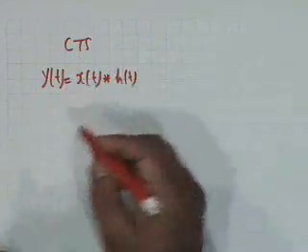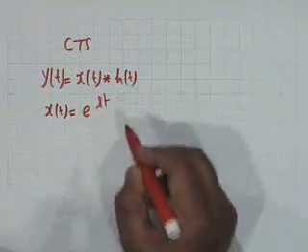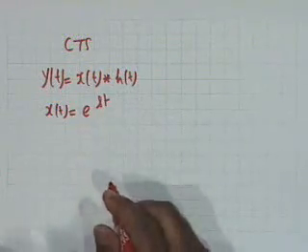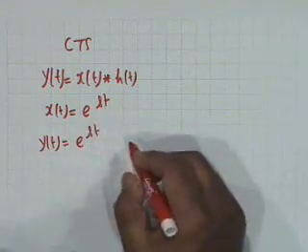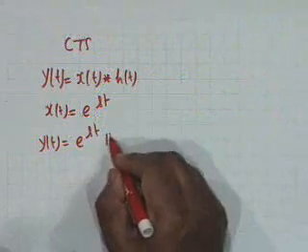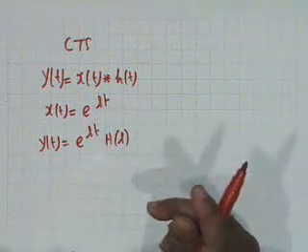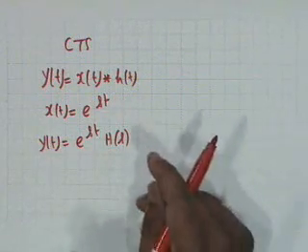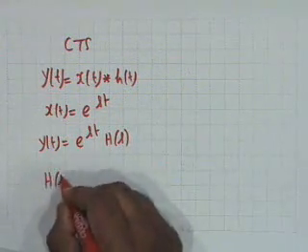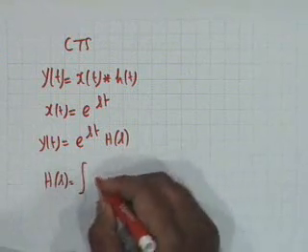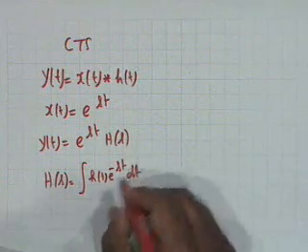You recall that if x of t is equal to e to the st, an exponential signal, then y of t is equal to e to the st multiplied by a constant H of s, where e to the st is called an eigenfunction and H of s is called the eigenvalue. The value of H of s is simply the integral of h of t e to the minus st dt from minus infinity to plus infinity.